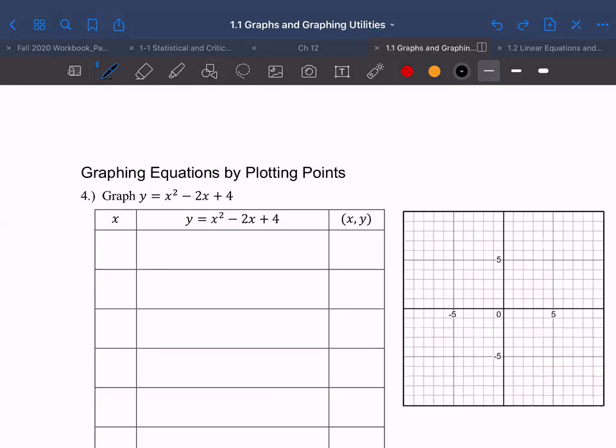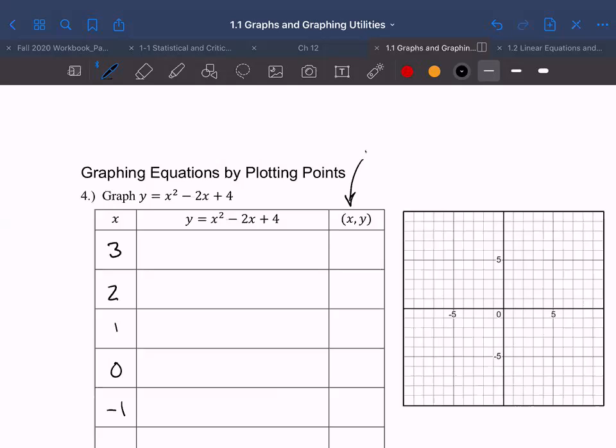So we're going to pick x values. The x value in the equation here is called the independent variable. So we can pick pretty much whatever values we want for the x values, and then we will plug them in and figure out what the corresponding y value is, and the y value is called the dependent variable.